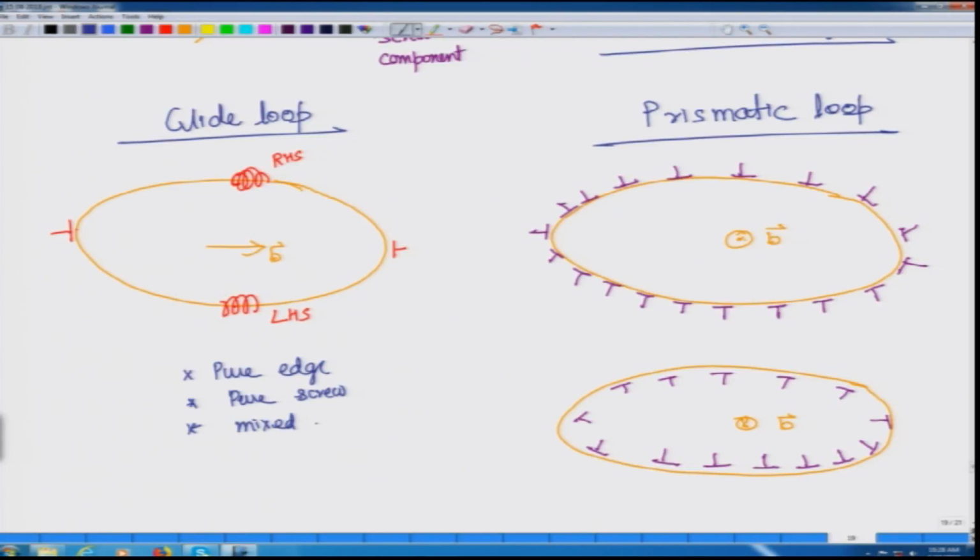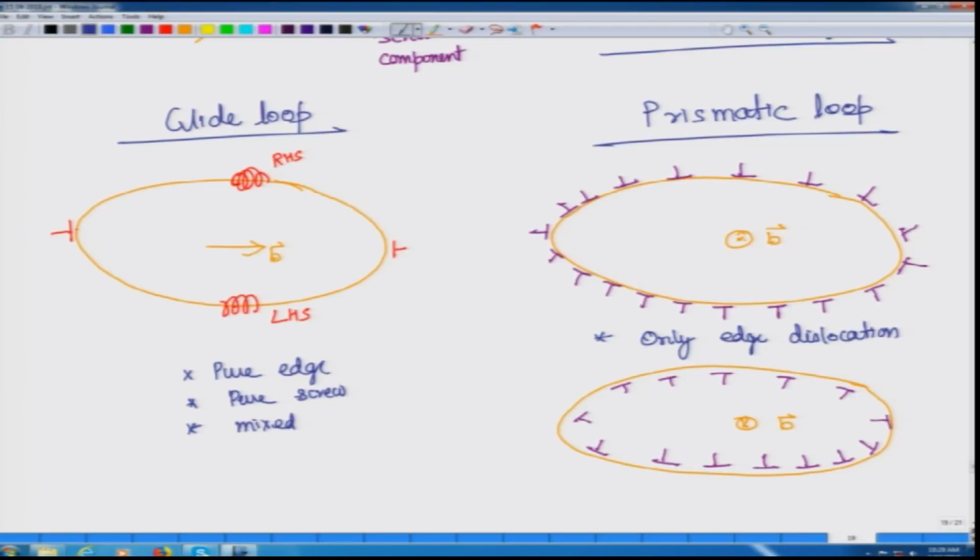But over here, what we have is only edge dislocation. It is only that it is oriented differently from what you see over here. So, the prismatic loop is very different from a glide loop, and even its characteristics when it comes to moving are very different from the glide loop, and we will discuss those when we come to movement of dislocations.